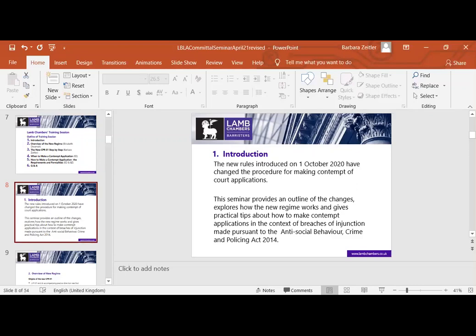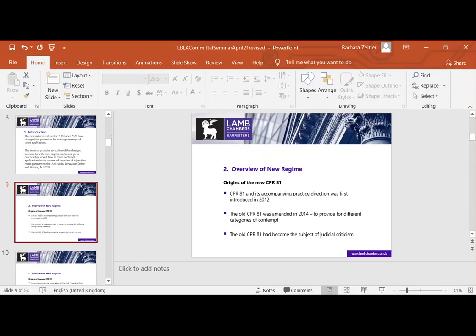So we're focusing specifically on matters which, as local authority lawyers, will be of immediate interest to you, which is antisocial behavior, but perhaps also I'm hoping to mention gas injunctions as well, but we're not going to roam across the entire spectrum of contempt proceedings.